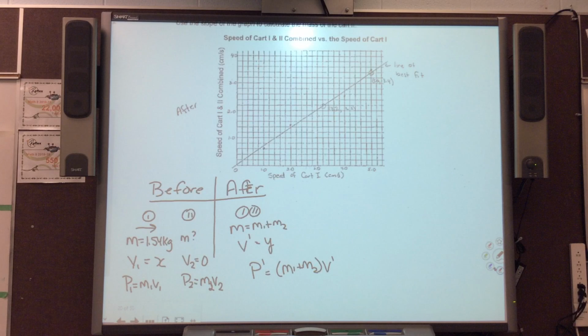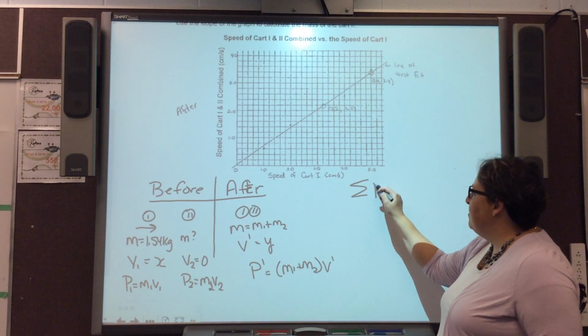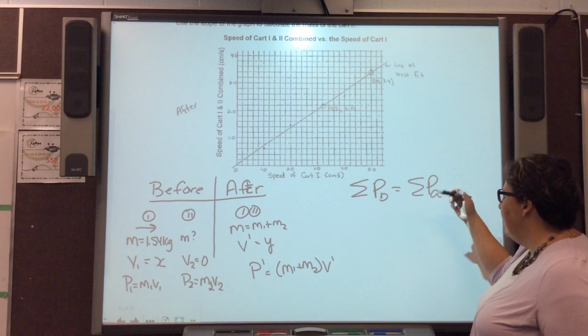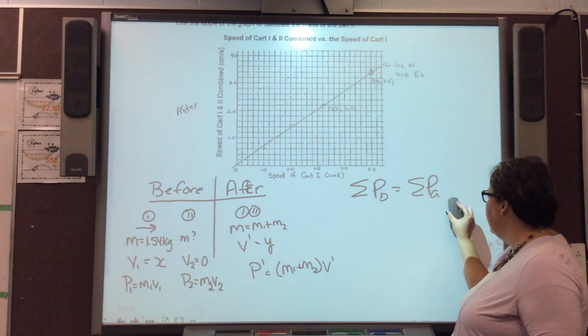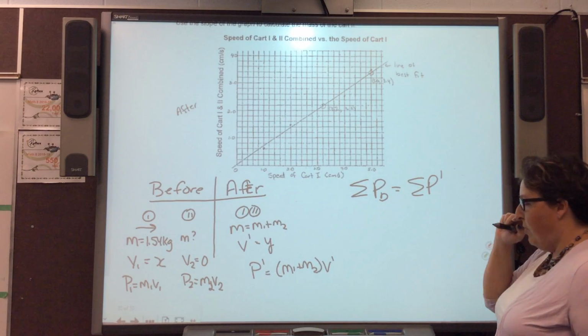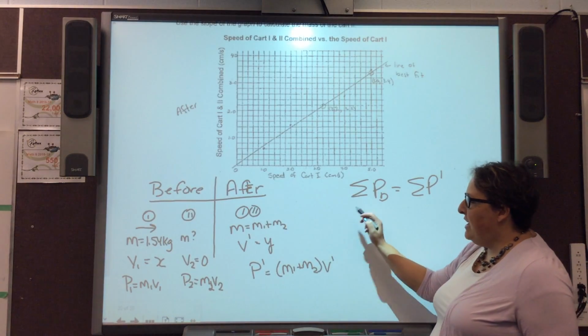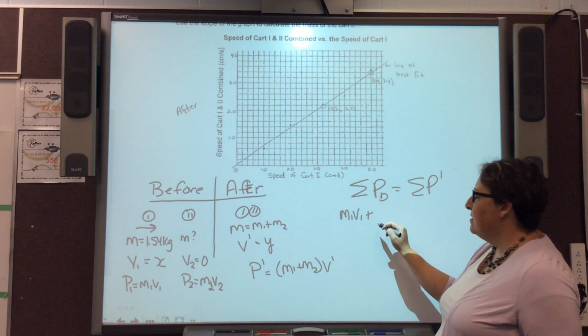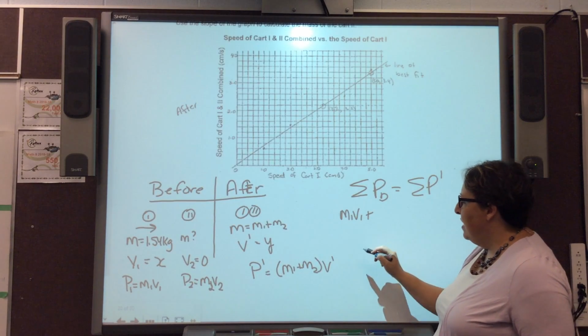So what we learned yesterday, conservation of linear momentum. We know that the sum of the momentum before is equal to the sum of the momentum after, or instead of writing after, prime. Okay? So we have m1 v1 plus m2 v2.